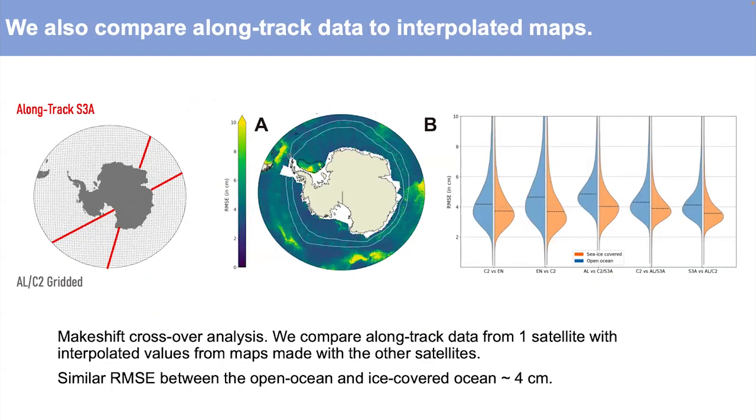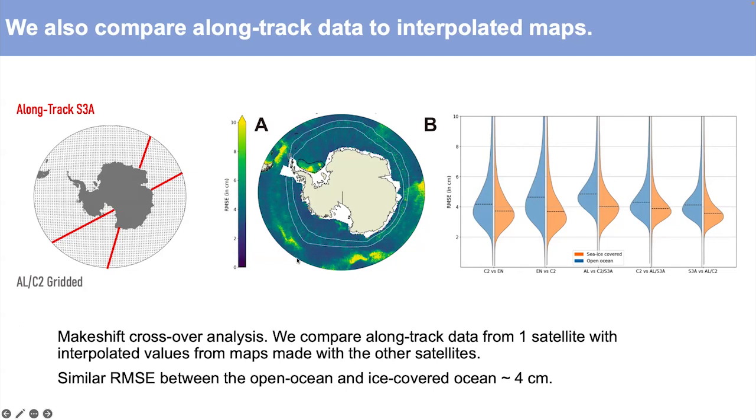What we do also is that we compare along track data from one satellite, here Sentinel-3, with maps made from other satellites, so Saral AltiKa here and Cryosat here. We do that because we don't actually have enough points to do what we call a crossover analysis, so this is kind of a makeshift crossover analysis. We interpolate the map values on the along track position and compare the two values.